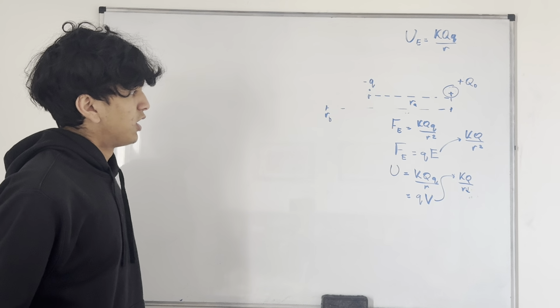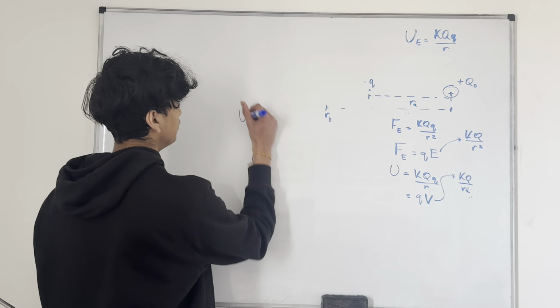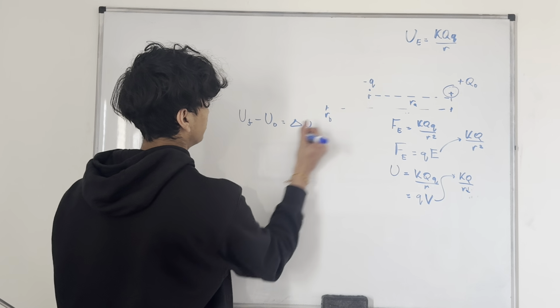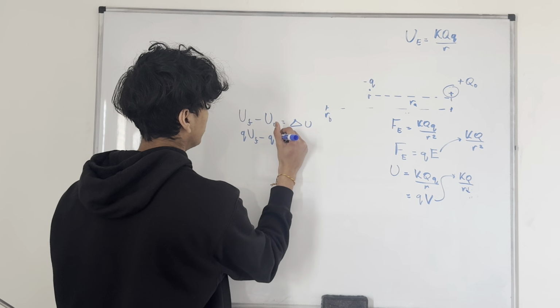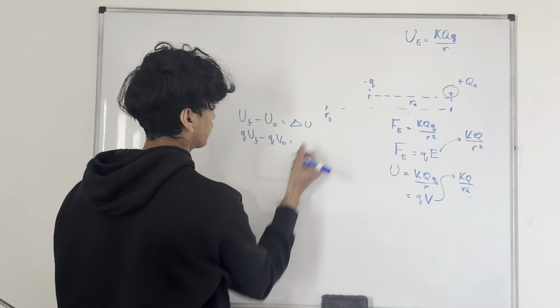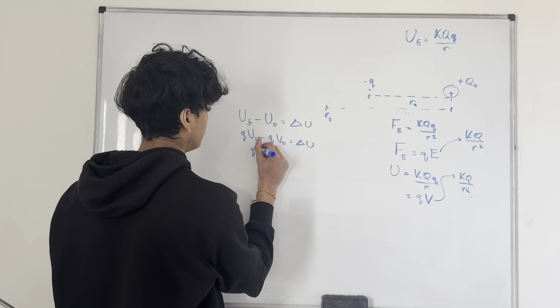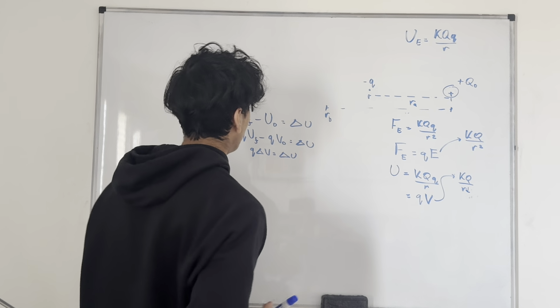So obviously, U final minus U initial is equal to change in U. So this is equal to Q V final minus Q V initial. We'll call that change in U. So Q times change in V is going to equal change in U.